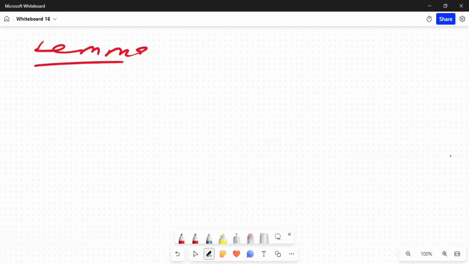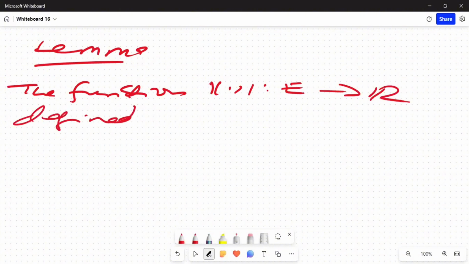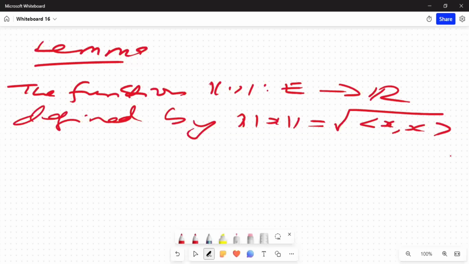I put this property in the form of a lemma. The function norm, defined as norm from E to R, defined by norm of x equal to the square root of the inner product of x comma x.